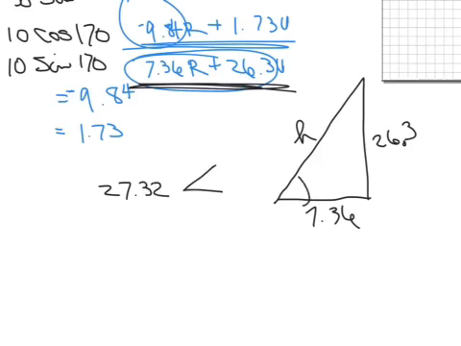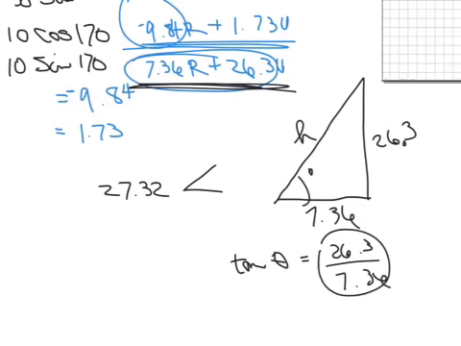Then we have to find this angle right here. That angle we can find using tangent. So tangent of theta is going to equal the opposite over the adjacent. And that is, tangent theta equals 3.58-ish.